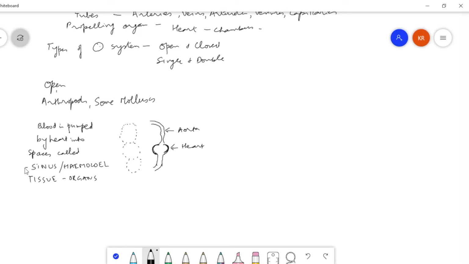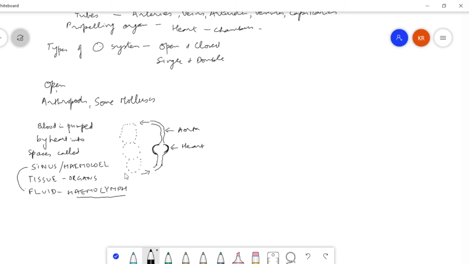And this hemocoel or sinus contains a fluid called hemolymph. So tissue is bathed in fluid called hemolymph. So the blood from here enters the hemolymph and ultimately it goes back into the heart.